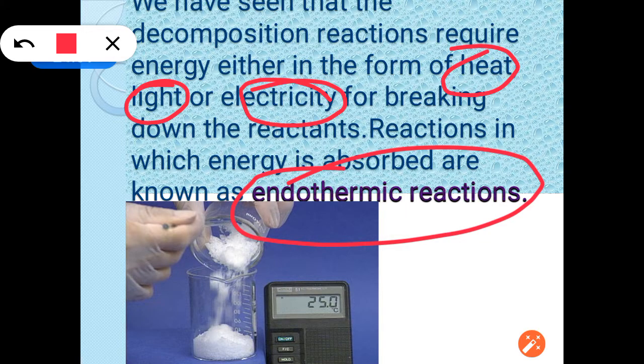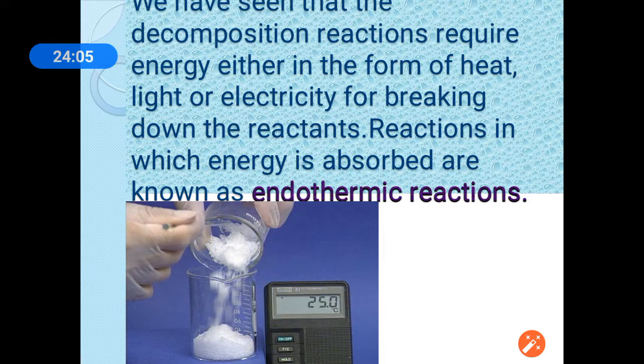So up to now we discussed exothermic reactions and endothermic reactions. Exothermic reactions are the reactions in which energy is released, and endothermic reactions are the reactions in which energy is absorbed. So in today's lecture, we studied two types of chemical reaction. One is combination reaction, another one is decomposition reaction.